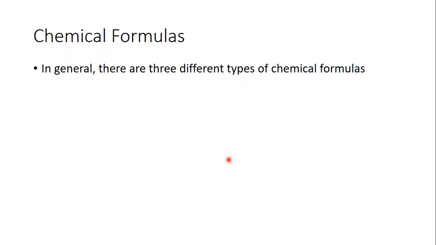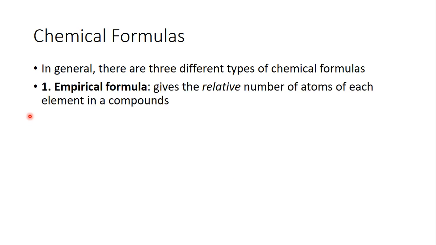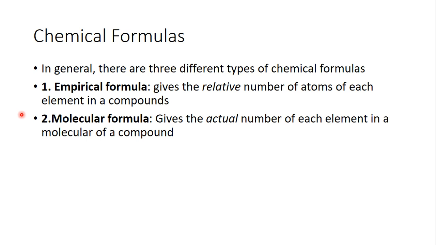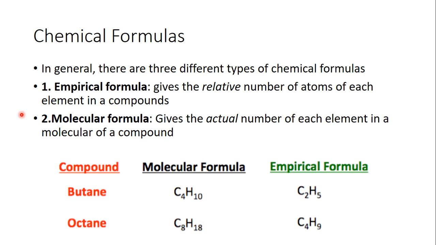In general, there are 3 different types of chemical formulas that chemists use. The first type is called the empirical formula, and that is the relative numbers of atoms of each element in a compound. And the second type is the molecular formula, which is the actual number of each element in a compound. So what does that actually mean?